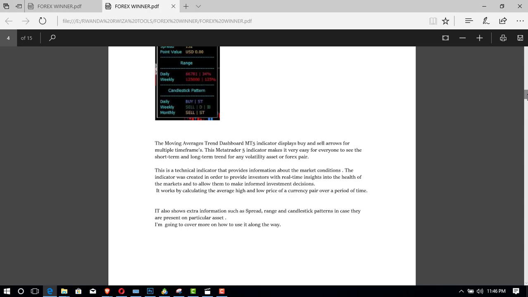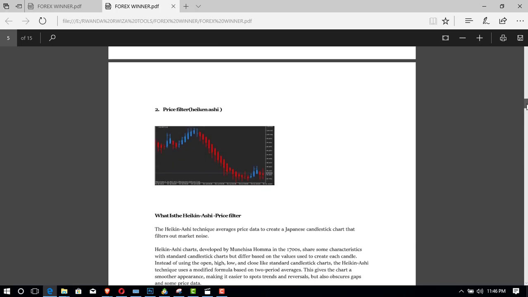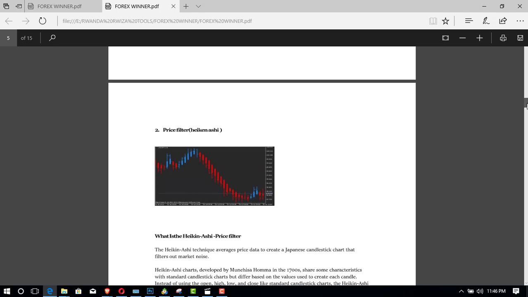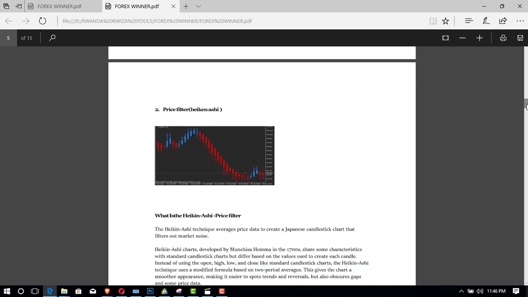Reversal candlesticks using the Heikin Ashi technique are similar to traditional candlestick reversal patterns. They have a small body and long upper and lower shadows. There are no gaps on a Heikin Ashi chart as the current candle is calculated using information from the previous candle.